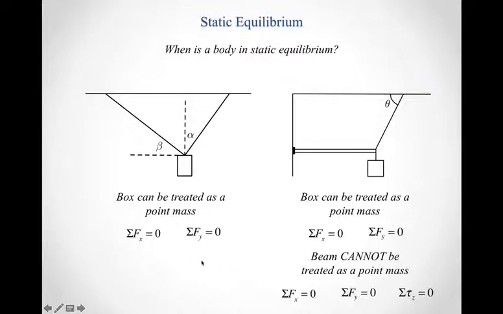In the first example, for the box, we would set up two equations, both of them force equations. In this example, for the box, there's really just a single equation, the sum of the forces in y. But the beam, because it has to be treated as an extended object, I have to care, if it's going to be in static equilibrium, not only do I need the forces to cancel out, but I also need the torques to cancel out.